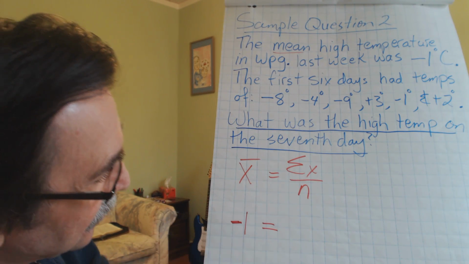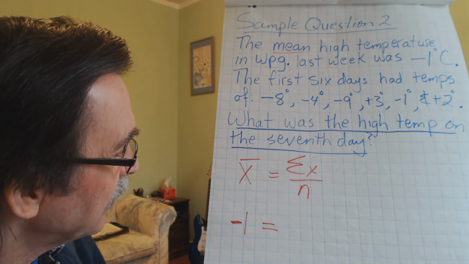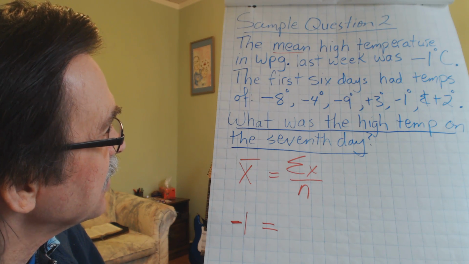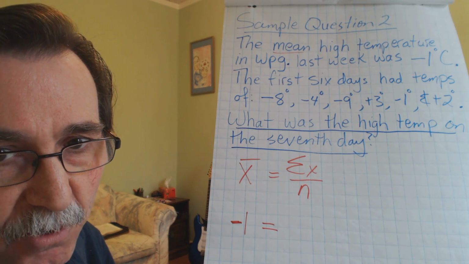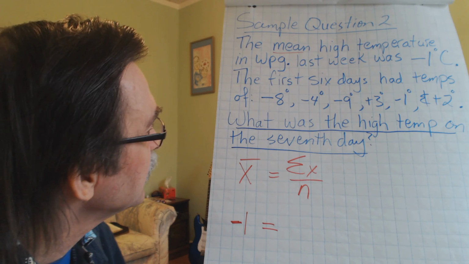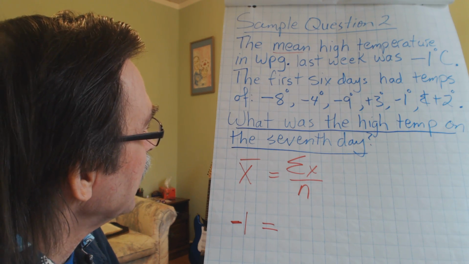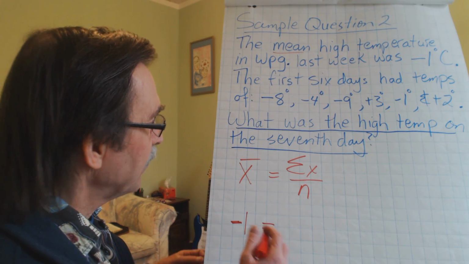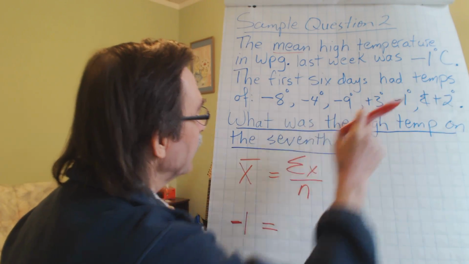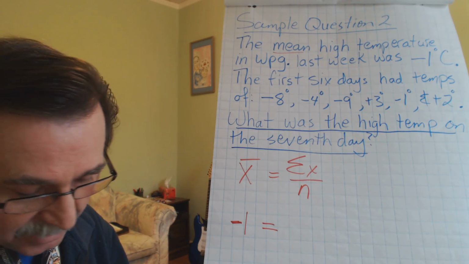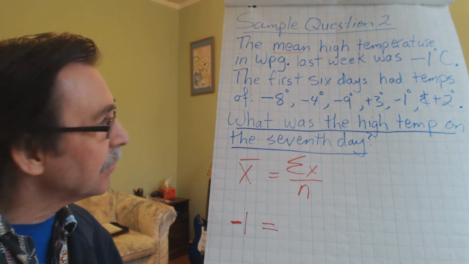Okay, now that could turn into a bit of a lesson in adding and subtracting positives and negatives, but that's okay. So we're going to add these all together, and we get, let me just work this out here.